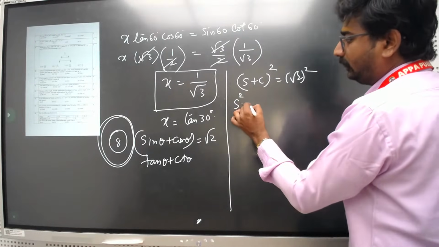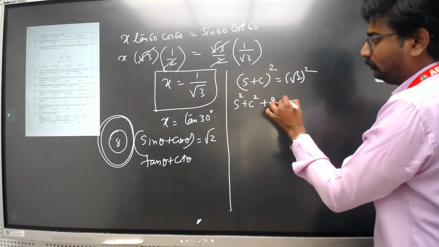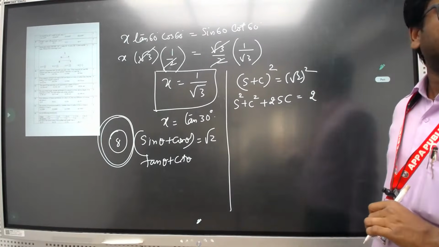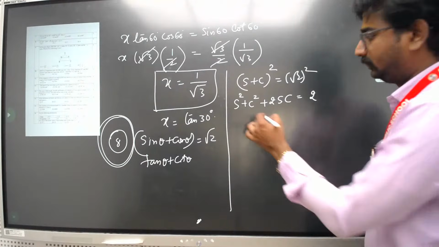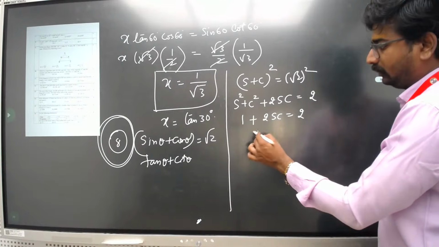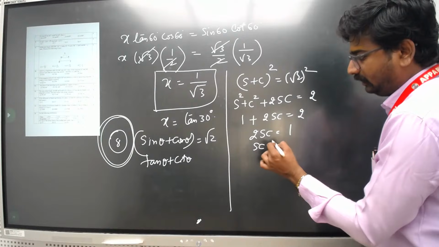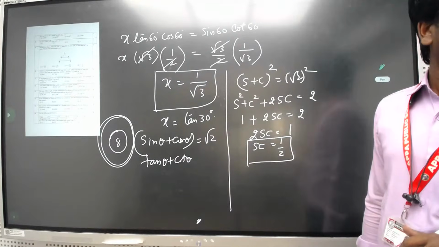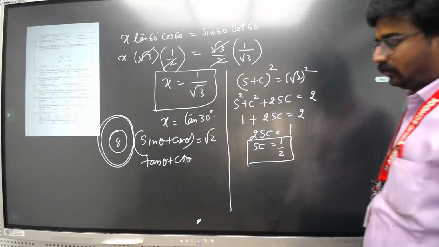This is s square plus c square, which is nothing but sin square plus cos square, plus 2 sin into cos is equal to 2. Don't do this in exams, right? What is sin square plus cos square? 1 plus 2sc is equal to 2. 2sc is equal to 2 minus 1. Then what is the sin into cos value? 1 by 2. But this is not my answer. What they are asking? Tan plus cot.